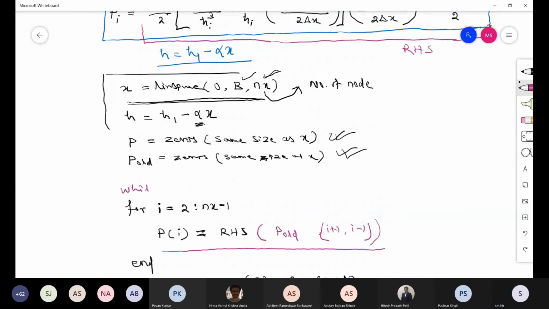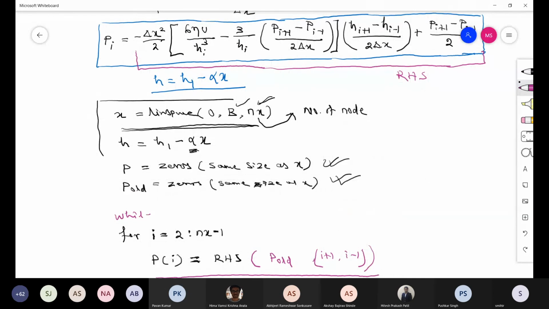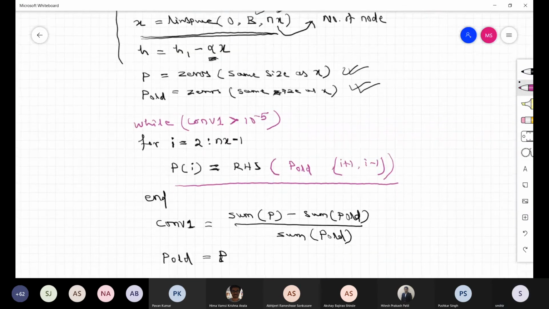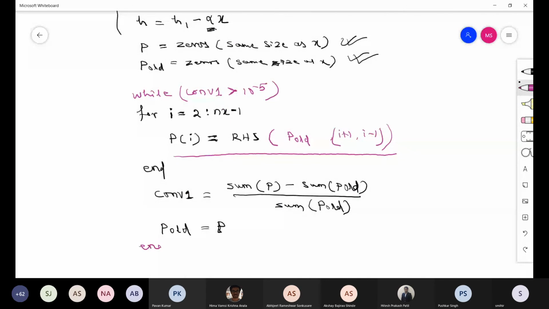While your convergence 1 is greater than, let's say, 10 to the power minus 5. So now run the code from here to here in your mind and tell me, can you understand this now?